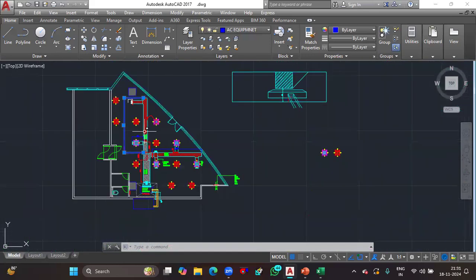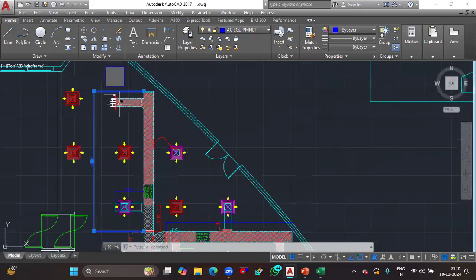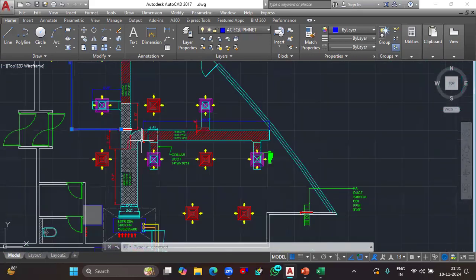If this fan can throw the air to that extent, it can eventually throw the air to the other areas also. That's why I explained to consider a single flow path. This flow path should be greater than that of our other areas, which means the farthest air terminal. That is the consideration we take for our fan selection itself.